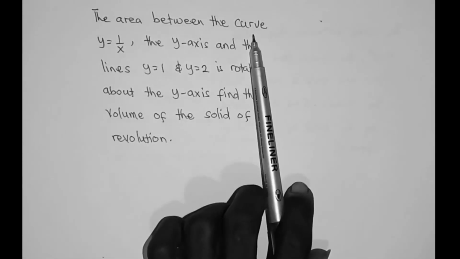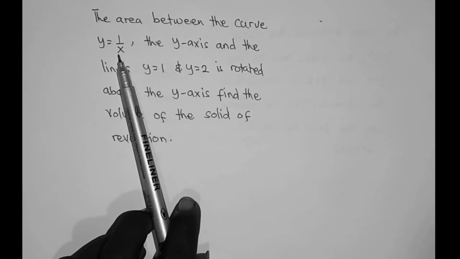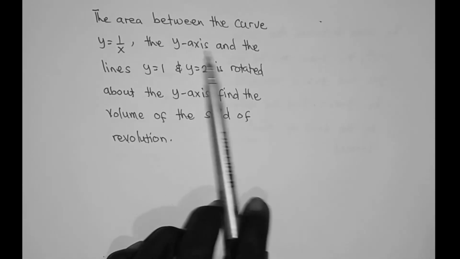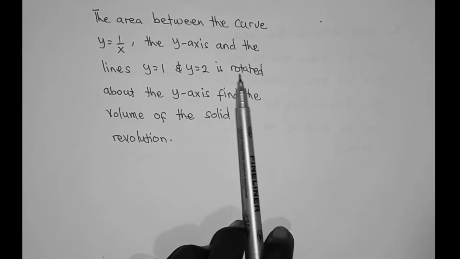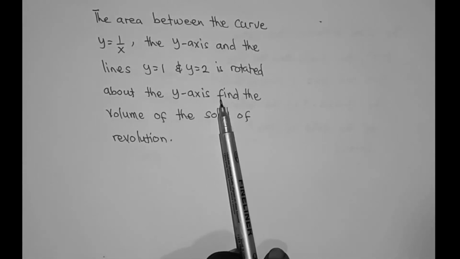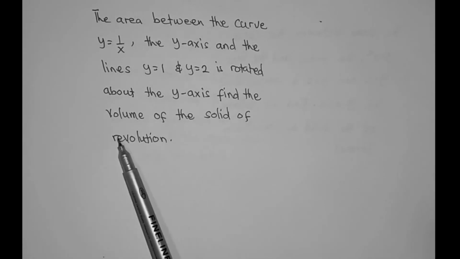The area between the curve y equals 1 over x, the y-axis, and the lines y equals 1 and y equals 2 is rotated about the y-axis. Find the volume of the solid generated.